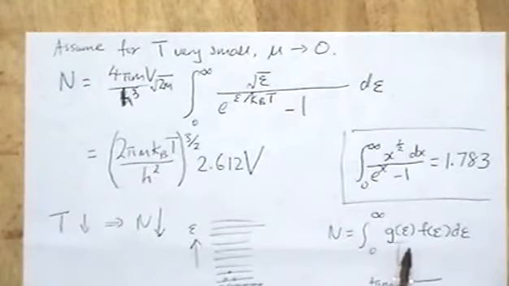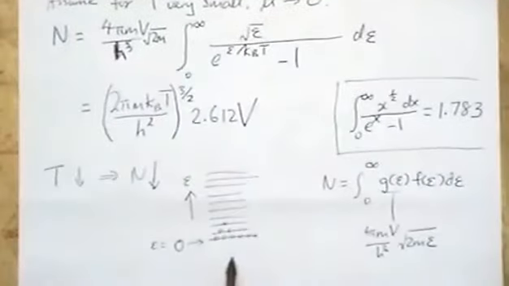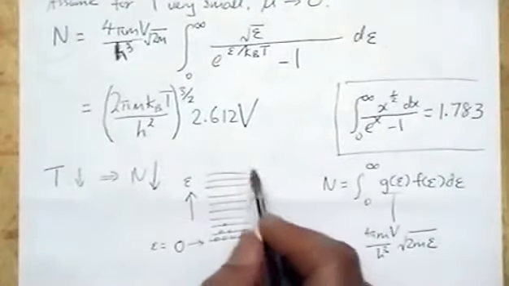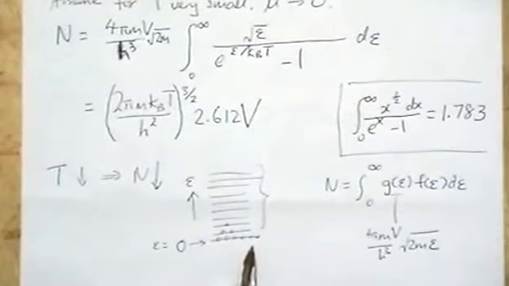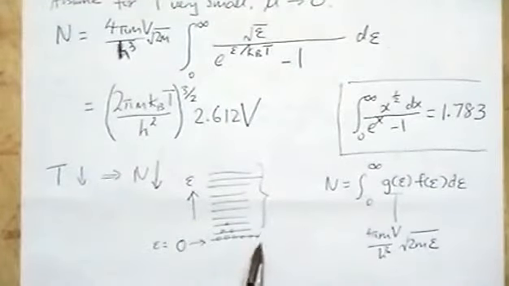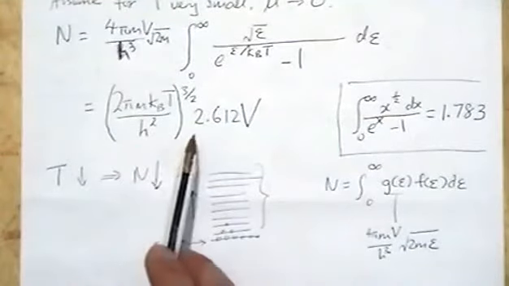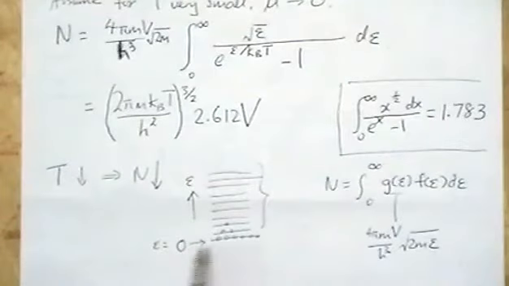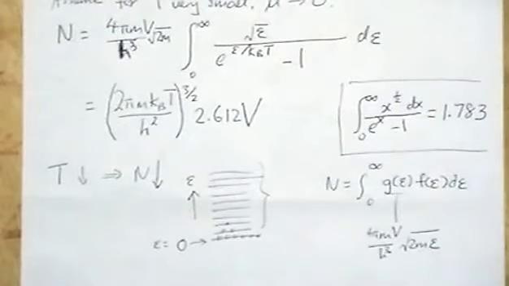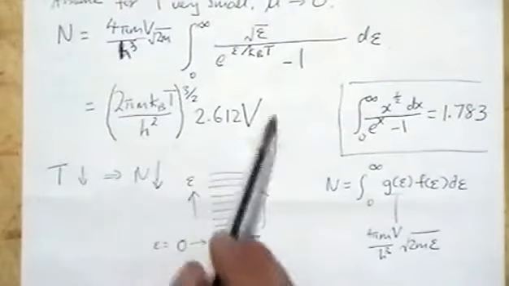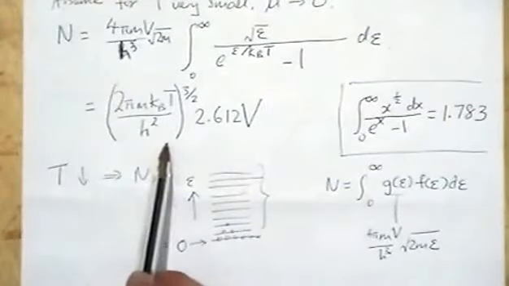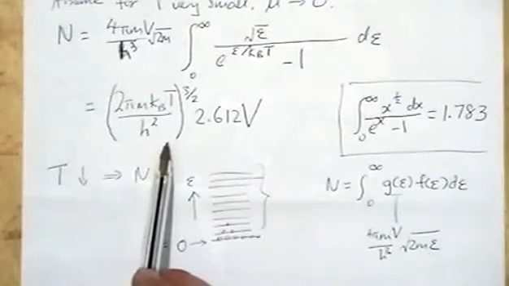We know that this integral only gives us the particles above 0 energy, only the particles up there. And now we understand why this answer would decrease, if we interpret this as particles going into the ground state, and that this represents the particles that are still excited above the ground state.